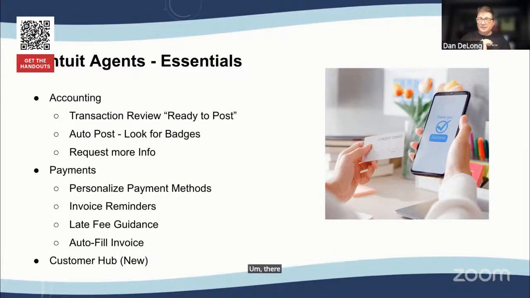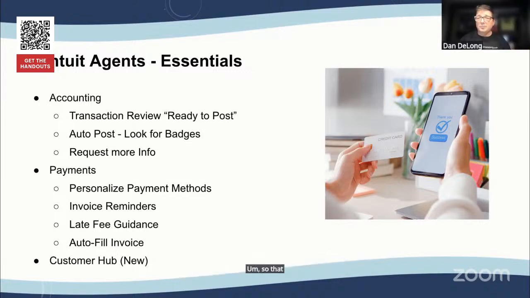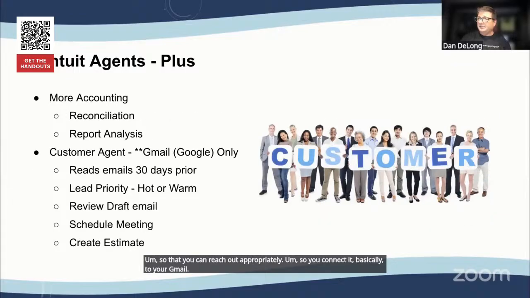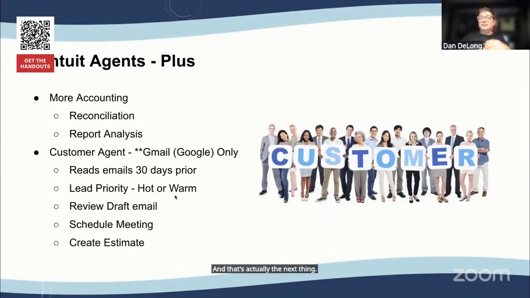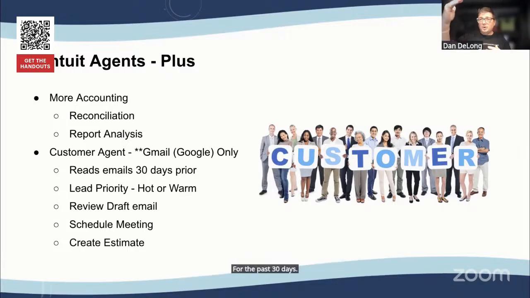There's even things there about leads, and it will automatically categorize a lead as warm or hot, so that you can reach out appropriately. That's awesome. So you connect it basically to your Gmail, and that's actually the next thing. In the customer agent, you can connect it to your Gmail, and it will read your emails for the past 30 days and then prioritize.